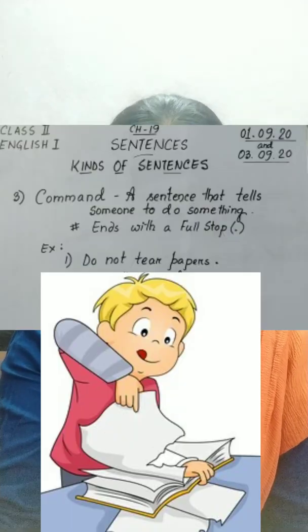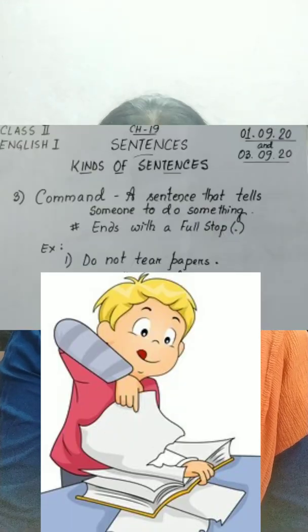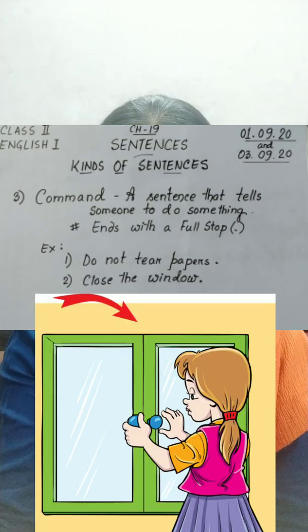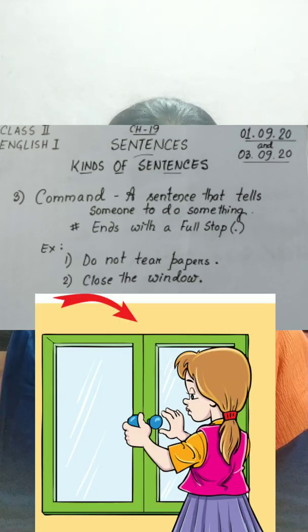These sentences also begin with a capital letter and they end with a full stop. Let's look at some of the examples now. Do not tear papers. Close the window. See, there's a bossiness in your tone. You're ordering something. You're commanding someone.